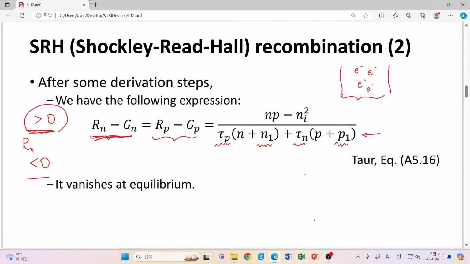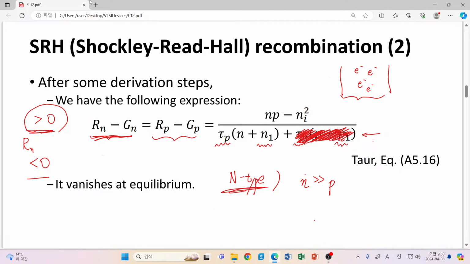Anyway, what I wanted to say is to consider an n-type sample. In the case of an n-type sample, of course electron density would be much higher than hole density. So we can safely neglect these quantities.